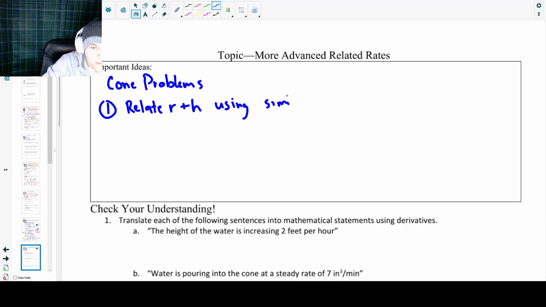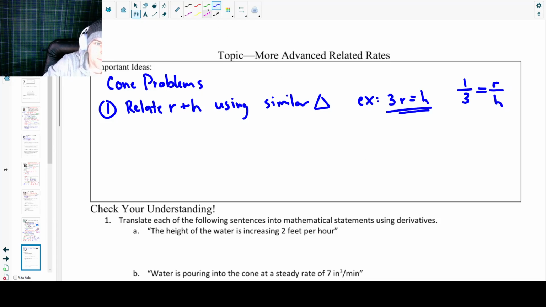So this is going to be one of our first steps in a lot of these problems, is creating a nice equation that relates radius and height using the idea of similar triangles. As an example, what did we have? We had that 3r was equal to h. That was a very nice formula that helped us out. And again, we established that by noticing this proportion that we could write, and then by solving that proportion, we got this nice clean relationship.